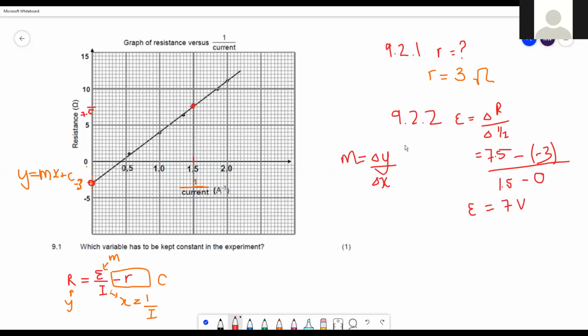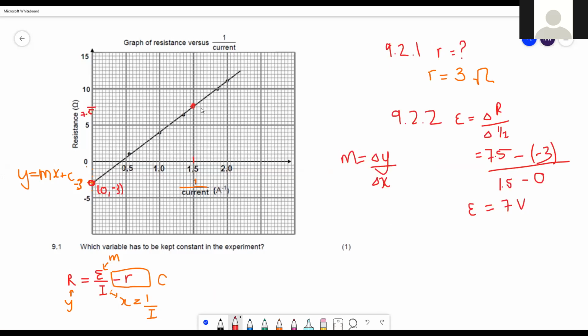Okay, so they ask you to calculate your EMF. From the formula that they gave us, we identified that EMF is equal to your slope. How do you work out slope on a straight line? You take your change in Y over your change in X. So I chose this point over here, which is 0, -3.